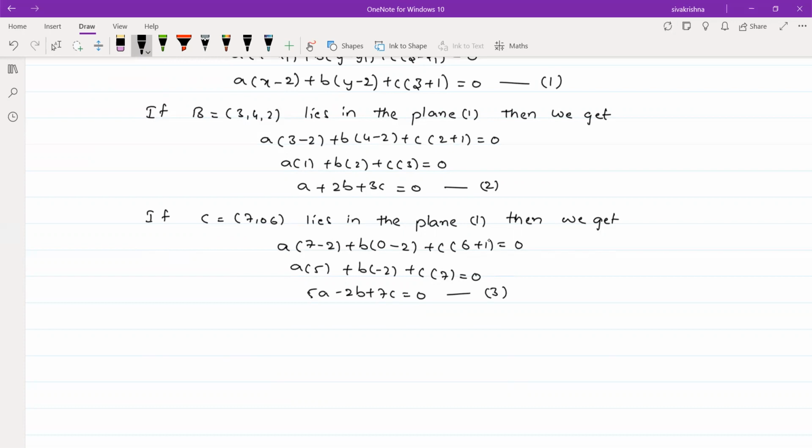So the coefficient of b in equation 2 is 2, after that the coefficient of c, that is 3, after that the coefficient of a, that is 1, and once again the coefficient of b, that is 2. Coming to the third equation, the coefficient of b is -2, coefficient of c is 7, coefficient of a is 5, and once again the coefficient of b is -2. So we have to write here a, b, and c.